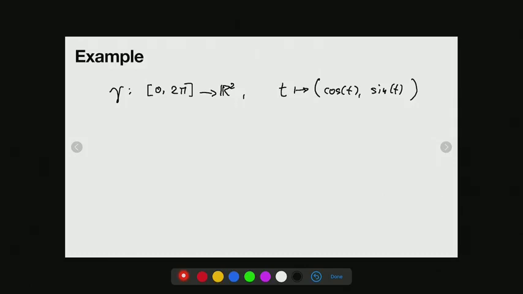The first thing we would like to take a look at: what is a tangent vector? The tangent vector γ'(t) equals, we just take the derivatives in each component, (−sin t, cos t).